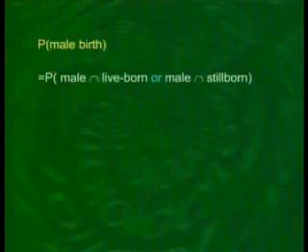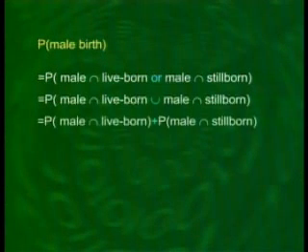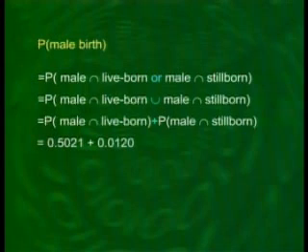So, the probability of a male birth is equal to the probability of male intersection live birth or male intersection stillbirth, and that is equal to the probability of male intersection live birth union male intersection stillbirth, and this is equal to the probability of male intersection live birth plus the probability of male intersection stillbirth.